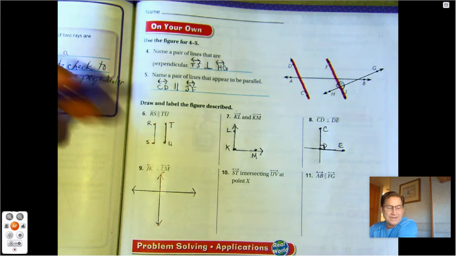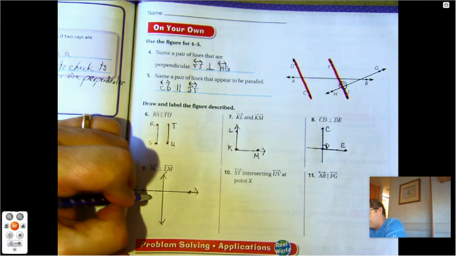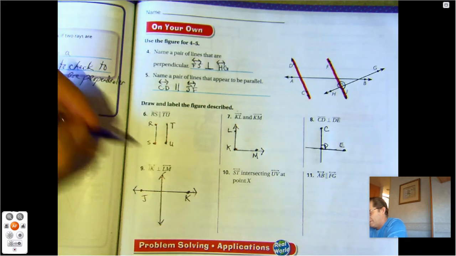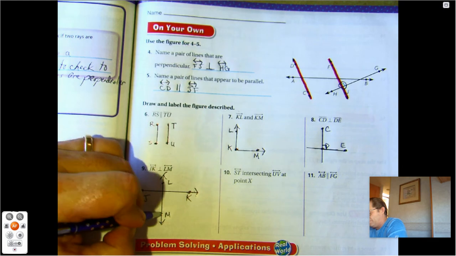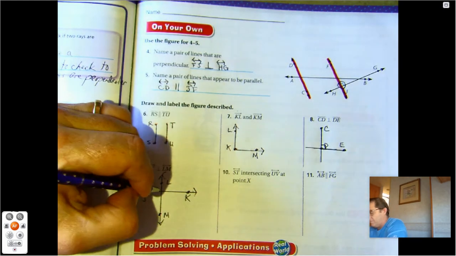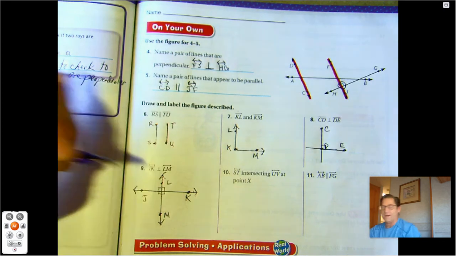Okay, so we just have to name the different lines. So this can be JK, and this can be LM. So it forms 4 right angles.